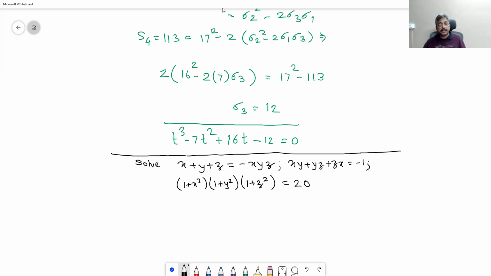Okay, this problem I will solve in the next lecture if required, but the solution set I can write and give it to you.